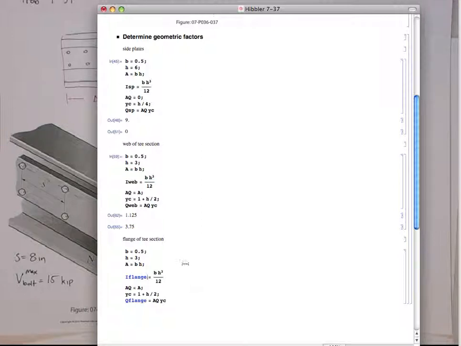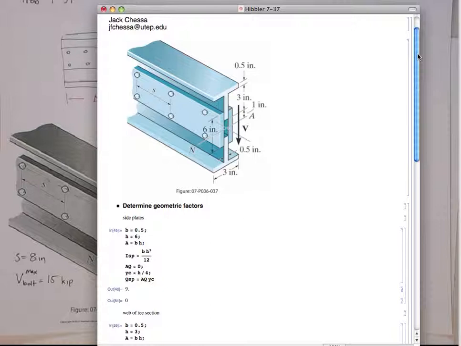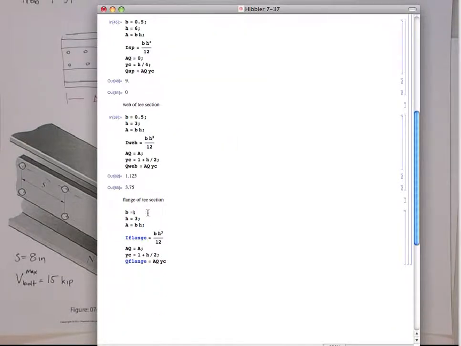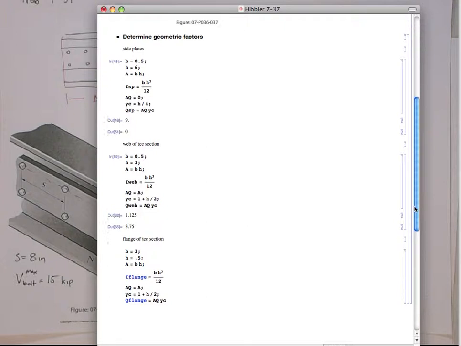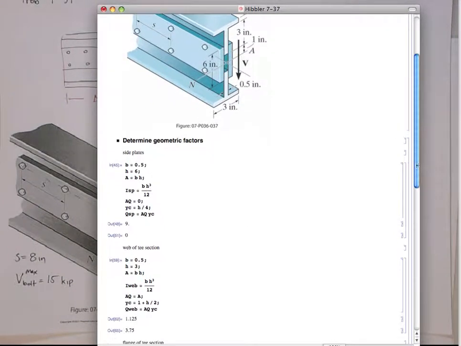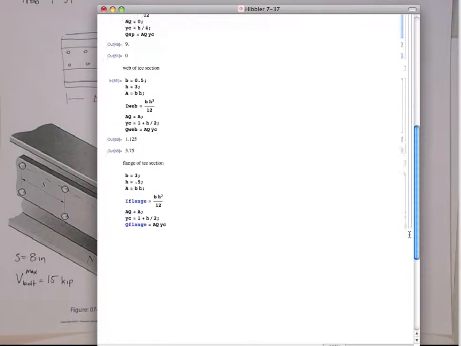All right, so the base of the flange is 3 inches. The height is a ½ of an inch, right? You can even collapse these things down. I forget how you do it.